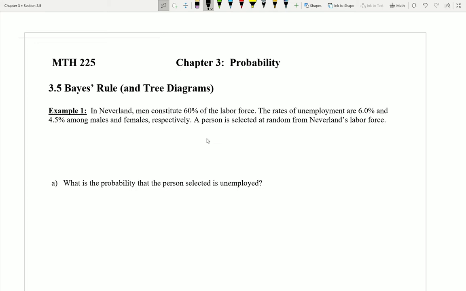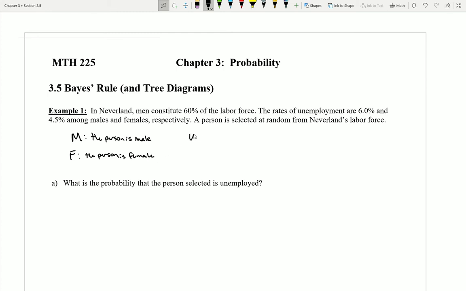Now, I've left some space here because I want to start to fill in at least some symbols that I can use. So how about we use the symbol M to stand for the person is male. Then we can use F to stand for the person is female.